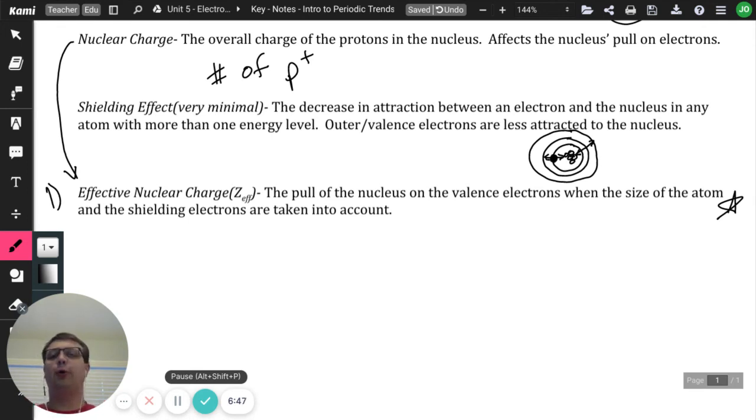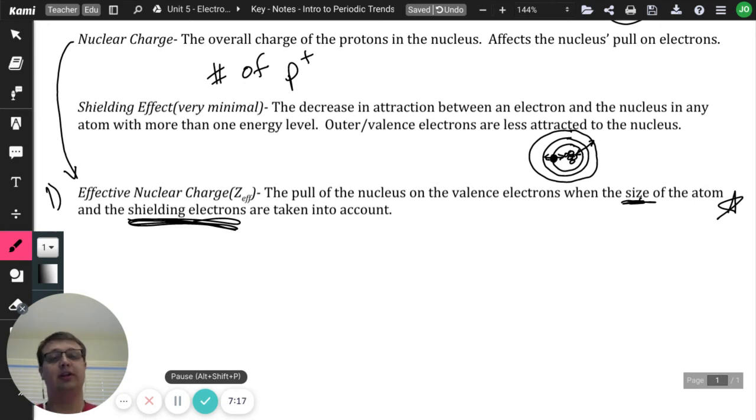Okay, so if I've got more protons, I'm going to have more pull from the nucleus in general. So the more protons I have, the more pull, or effective nuclear charge, I will have on those valence electrons. Now, Zeff is going to be affected by the size and shielding of the atom, right?